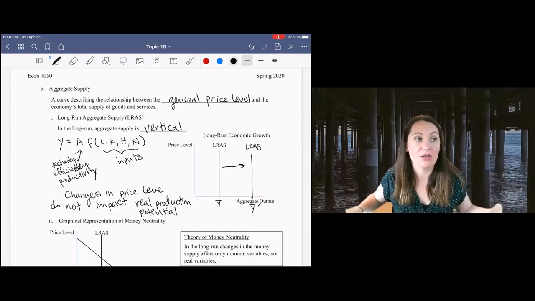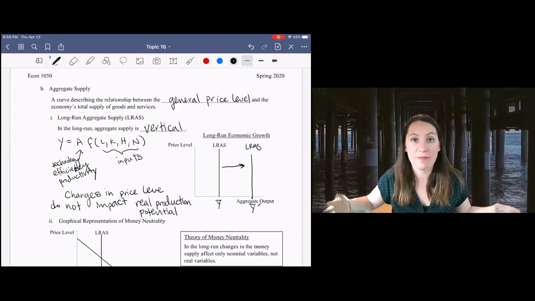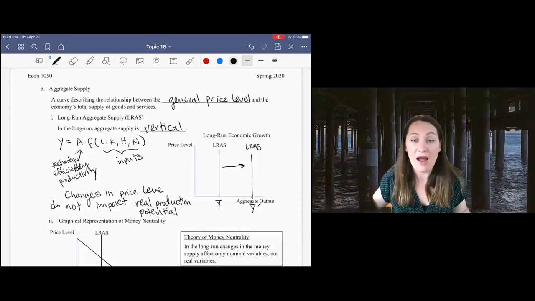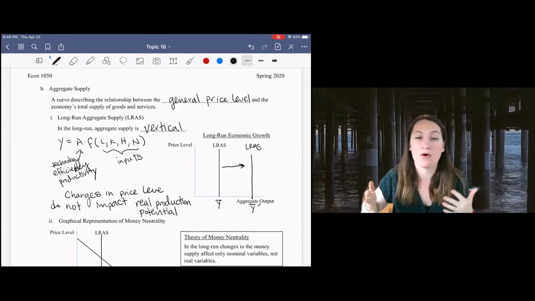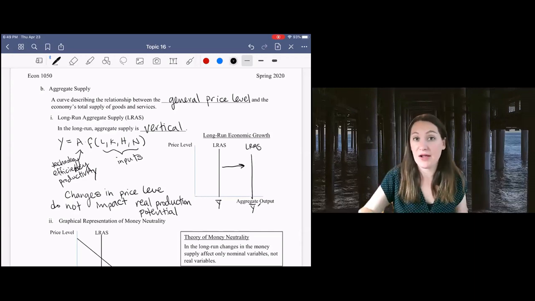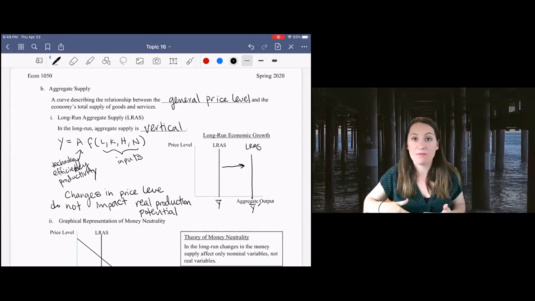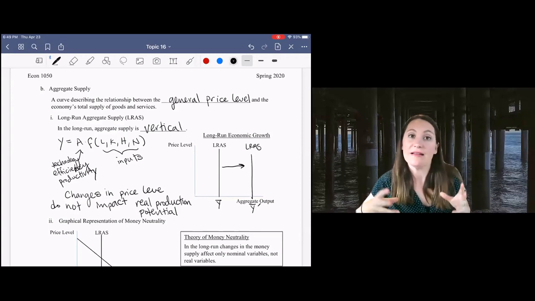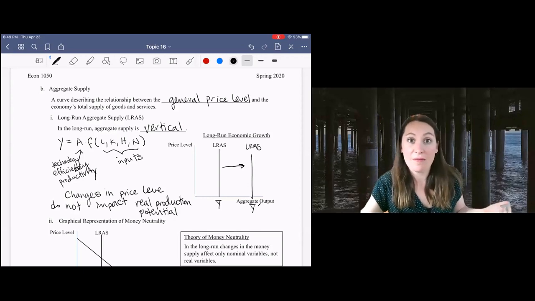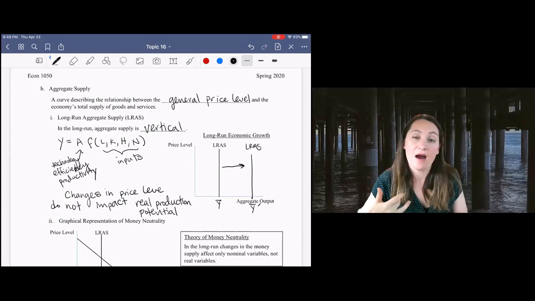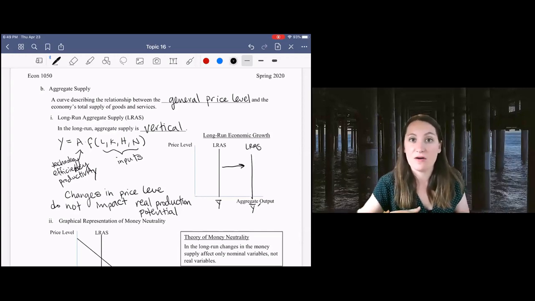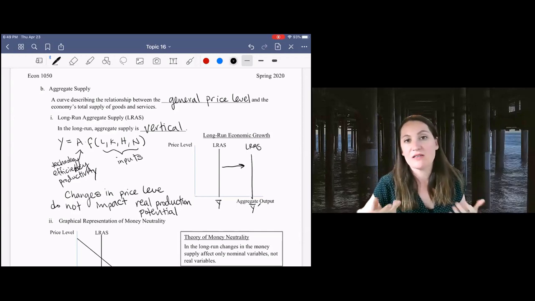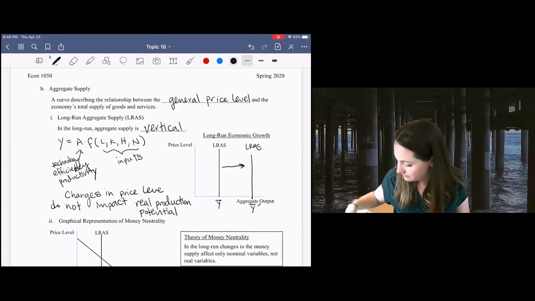If I look at the whole economy and all the goods we produce, I want to know how much can we make? That's our real production potential, or we've talked about potential output in previous videos, right? That's what we can make. What can we make is determined by our inputs and the way that we can transform those inputs into output. The price level is irrelevant to that question.